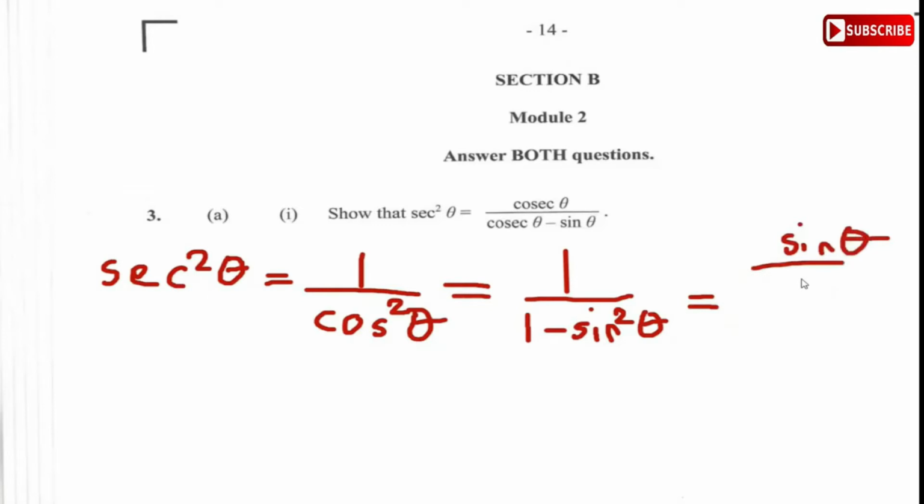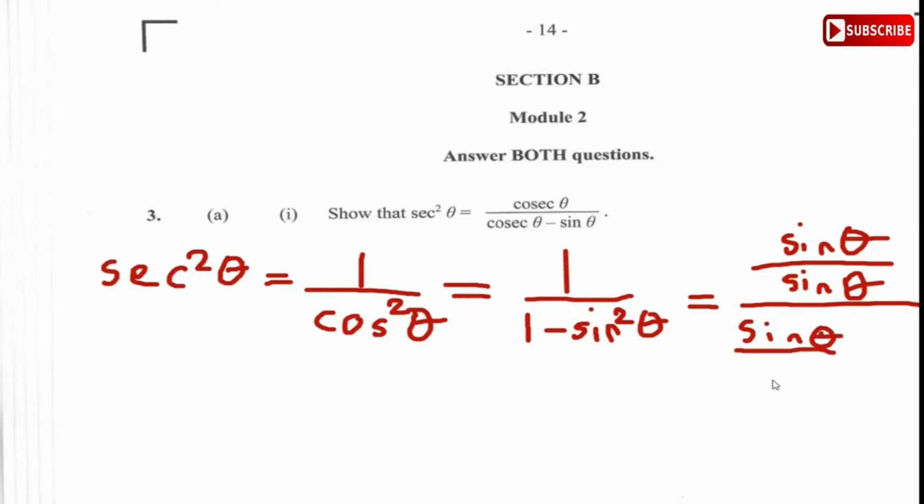Everybody can agree with that. So I change 1 to sine theta over sine theta, divided by this one again.